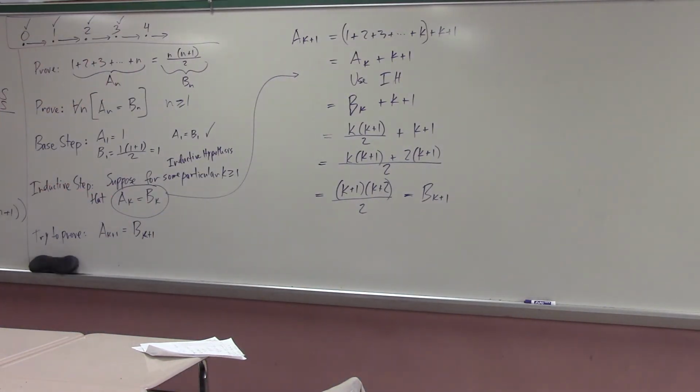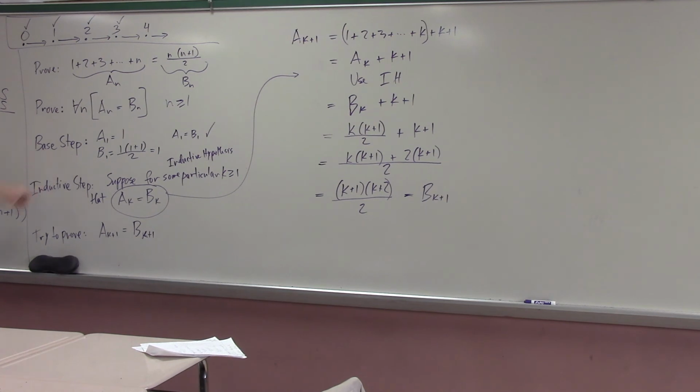So what happened is I achieved the thing that I was trying to achieve. I have this weird formula and I want to see if it is true or not. I check by brute force that it's true for n equals 1, and it is.